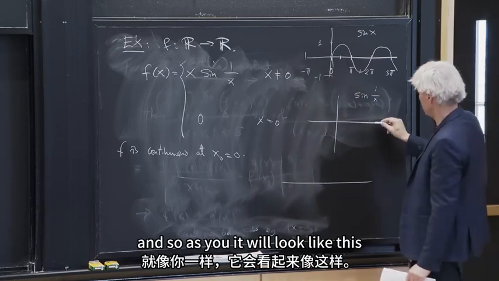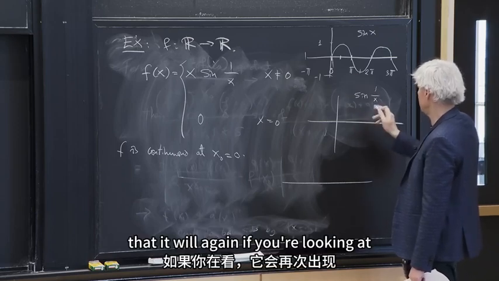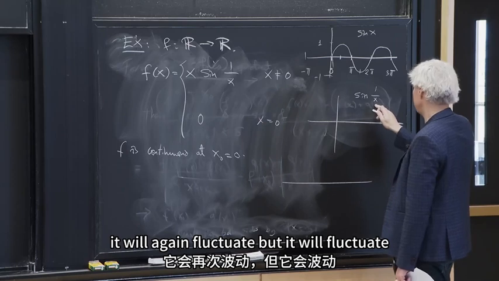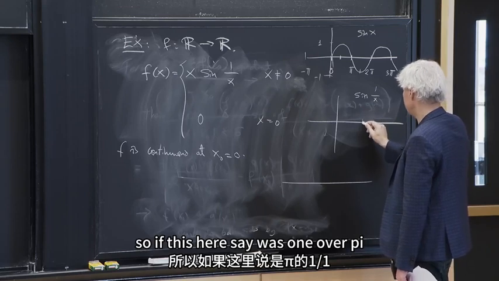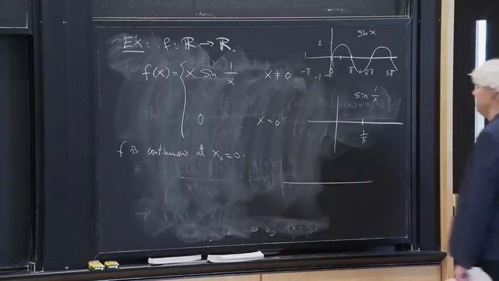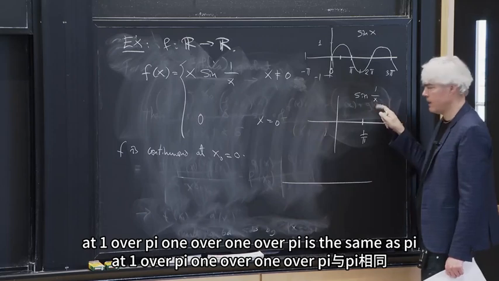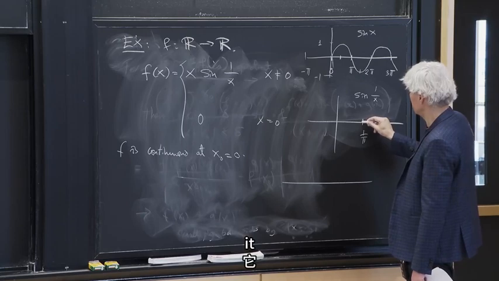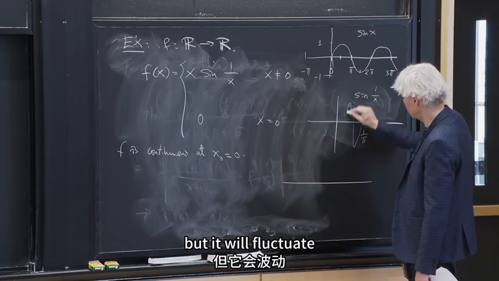And it will again fluctuate, but much more rapidly. So if this here, say, was 1 over pi, there it would be 0, and it would fluctuate, looking something like this.